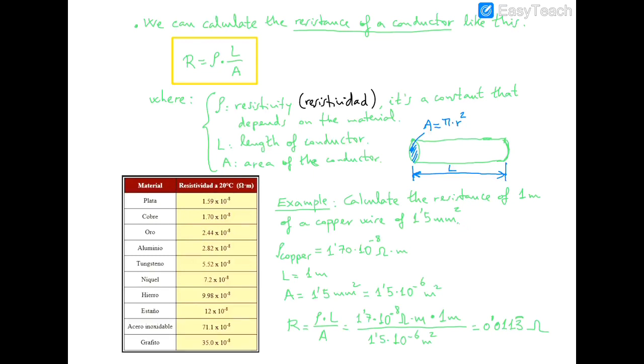First, I have to change from square millimeters to square meters, because in this formula the area must be in square meters. Then I substitute the values and I get a resistance of 0.0113 ohms.